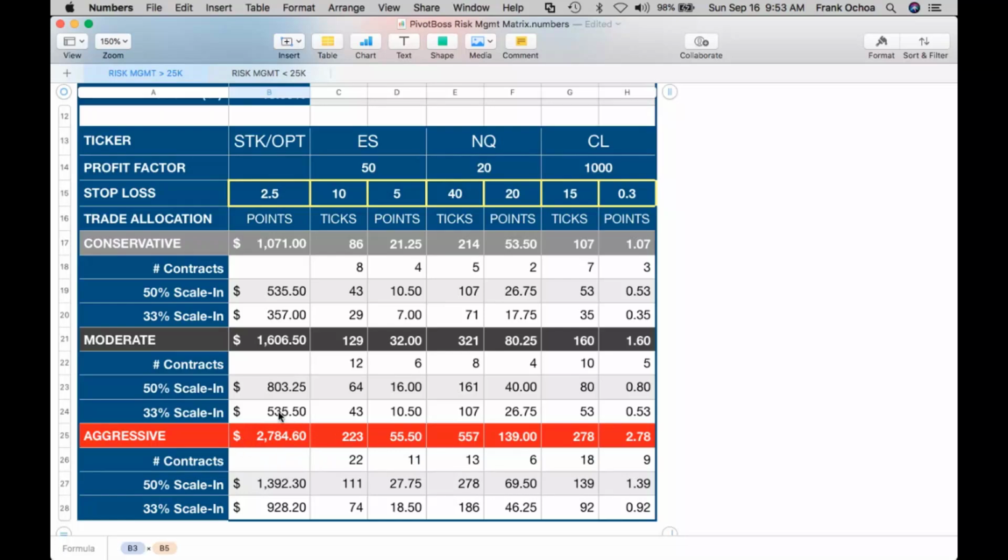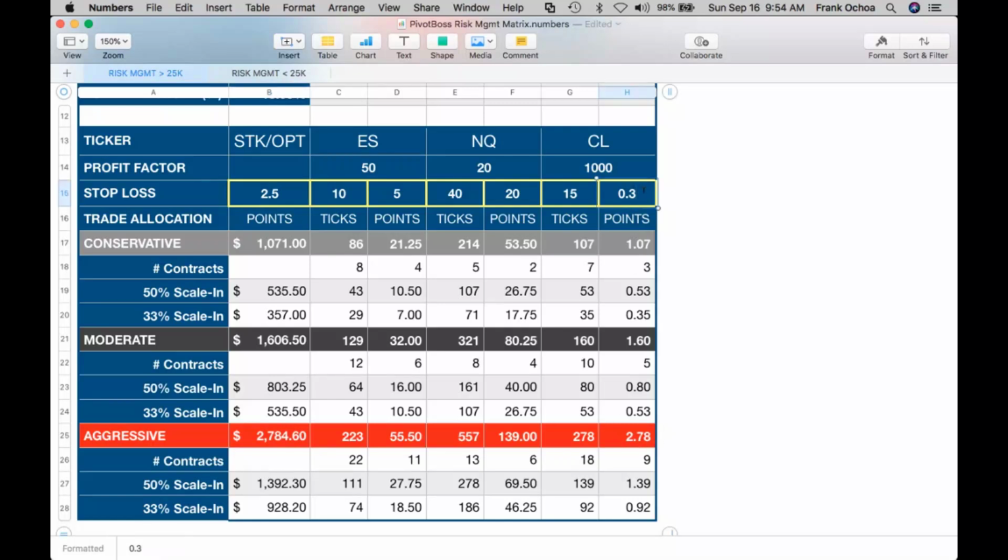That's the amount you're willing to risk. That's your trade allocation. And if you wanted to use, say, a 30 tick stop in crude oil, that means you can trade 9 contracts at a 30 tick stop. And if you lose on that trade, you lose $2,785, your aggressive risk allocation.